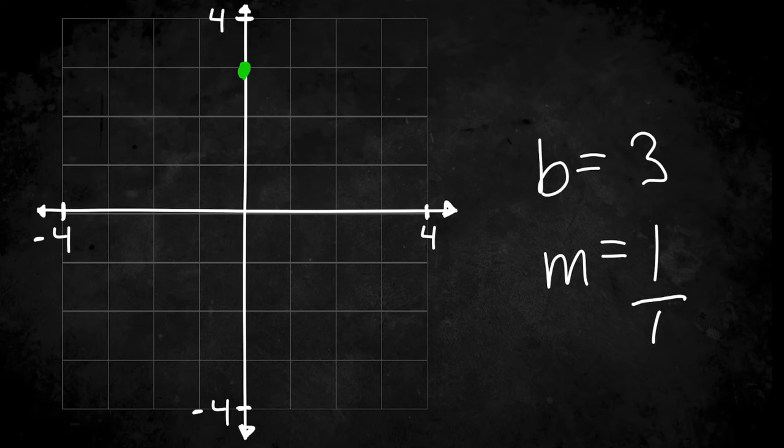So let's draw that out. We rise 1, we run 1, then we can go the other direction. Run 1, rise 1, and so on.